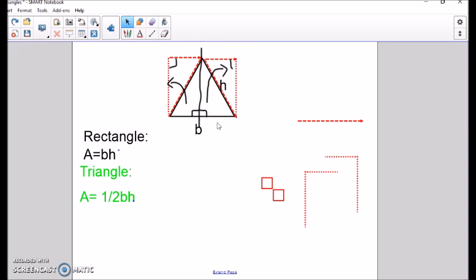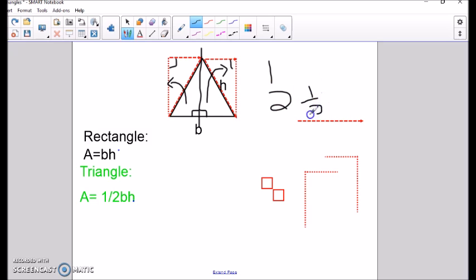We have the original triangle, which is in the black, and we broke it into two halves, which is in the red, and we put each half on either side of the black triangle. So let's write this down. We have one regular triangle, and we cut it in half, so we have two halves, and then that equals one whole triangle.